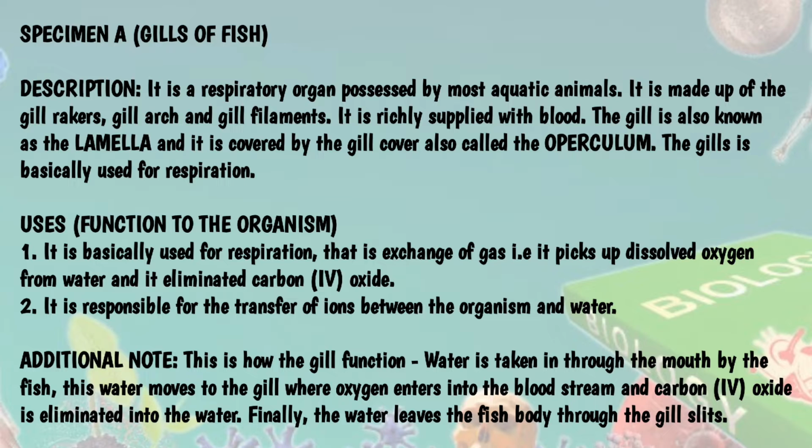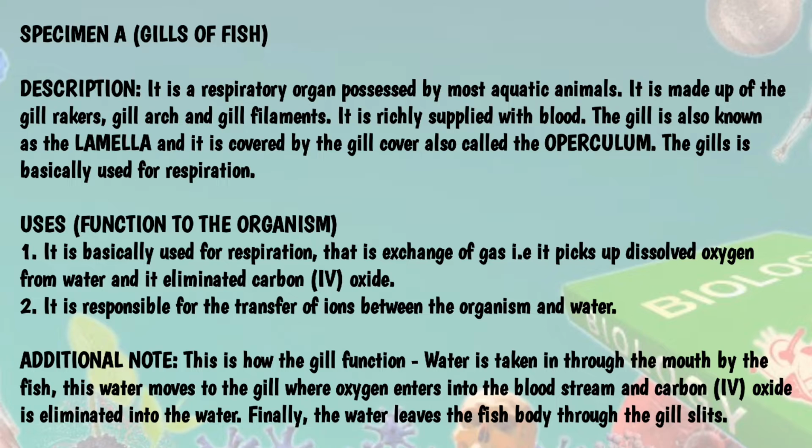In addition, our respiratory organ also serves the purpose of excretion. Just like in humans, our respiratory organ helps to remove CO2, which is like a waste product. In doing so, it also helps to remove excess water from the body. So typically, the respiratory organ in most organisms serves the purpose of excretion.